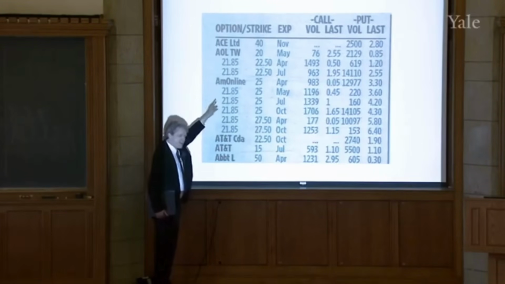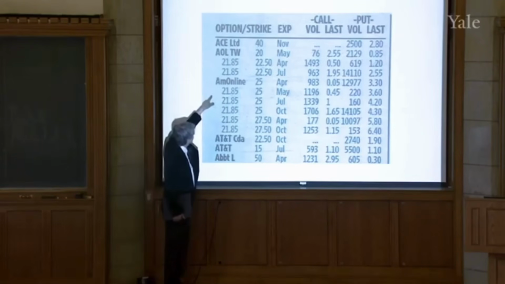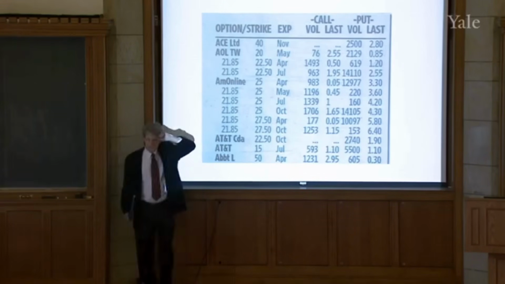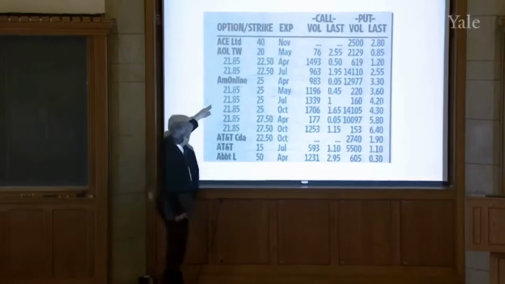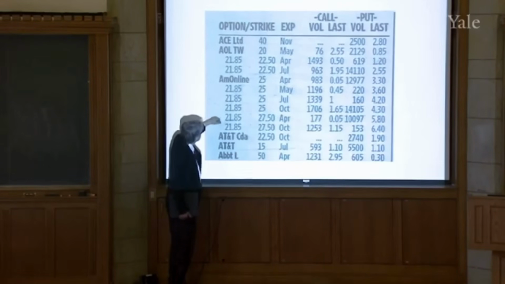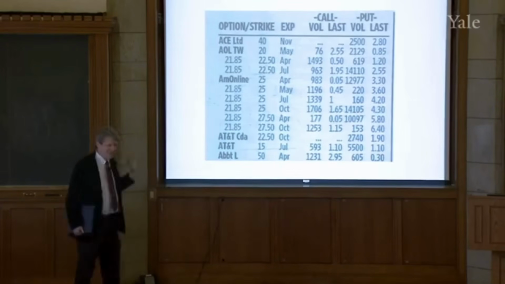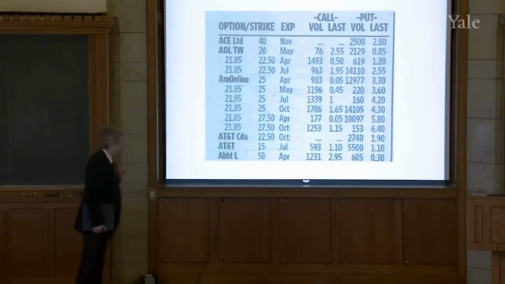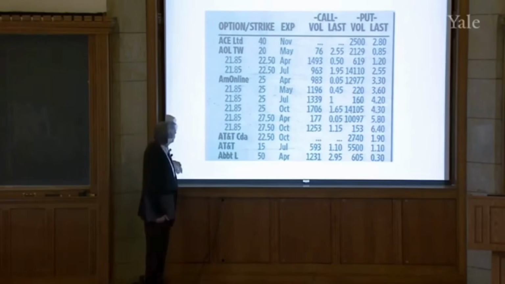That's America Online, Time Warner, the merged company. And then below that they have America Online itself. These were options that were issued before the merger, and they apparently are being exercised in terms of the same AOL Time Warner stock. AOL, by the way, was spun off by Time Warner last year, so they had a divorce. They were married in 2000, they were divorced in 2010. So you can get back to AOL options.